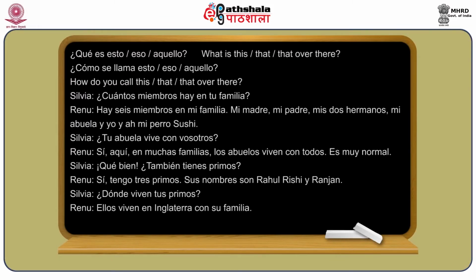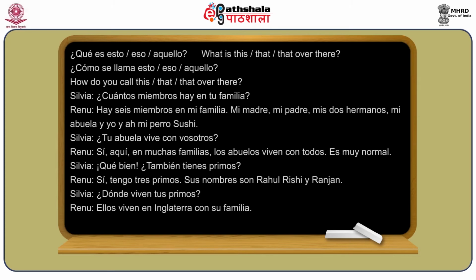For example, a child does mischief and his mother asks, ¿Qué es esto? Meaning, what is this? Or ¿Qué es eso? What is that? Or if there is an object which is far, then the person can say, ¿Qué es aquello? What is that over there?